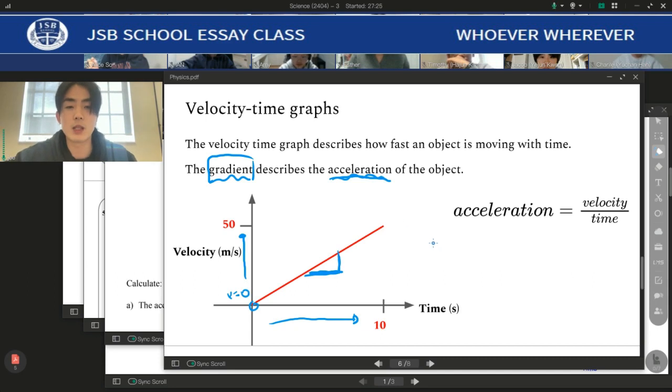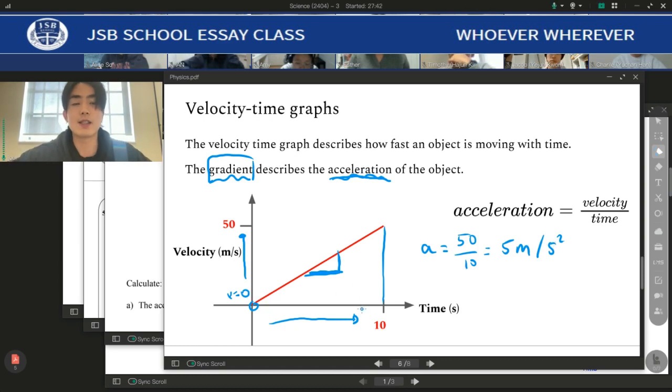So let's work it out. So what do you think the acceleration is? Well, if you look at the triangle, then it's going to be 50 divided by 10, just 5, okay? And it's got a weird unit, but we use meters per second squared for acceleration, okay? So the car is accelerating at 5 meters per second squared. Any questions so far?